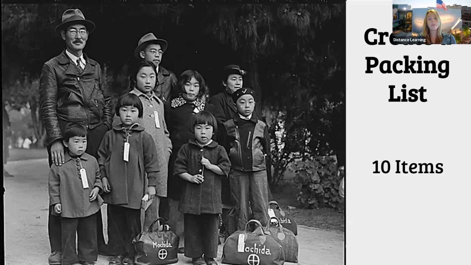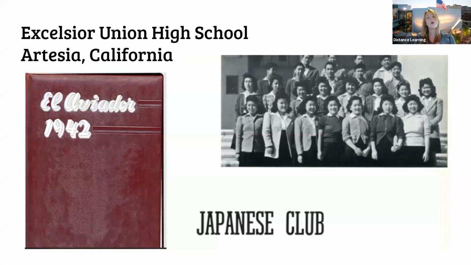Well, as we move on, and I wish that we could hear from you guys what you would have brought in your packing, I want to focus on drawing and writing. And so in our museum, we have a collection of World War II yearbooks. And I challenge you after this program to go to that website, WWII-yearbooks.org, and find this yearbook that I'm showing you right here from Artesia, California.